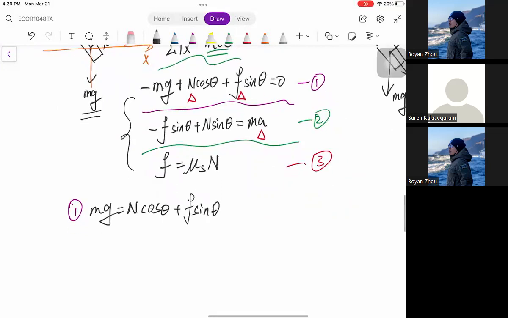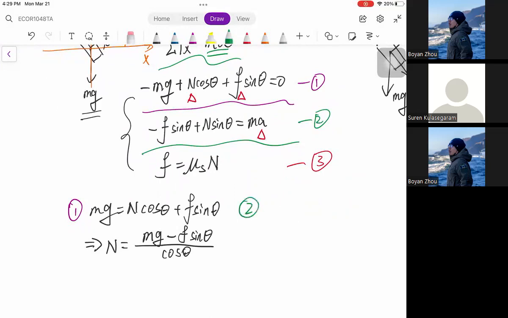And then we can isolate for N. Then we get N is equal to mg minus f sine theta over cosine theta, just isolating for N.